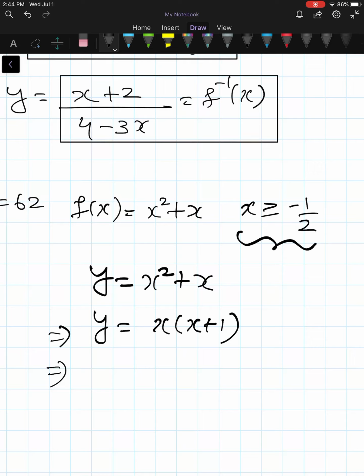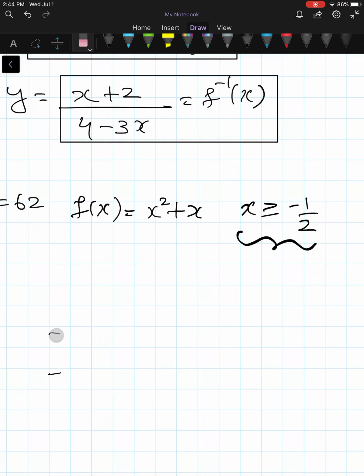Yeah, this is a kind of a little tricky problem. Let us use the quadratic formula.